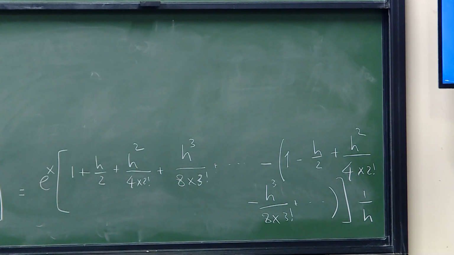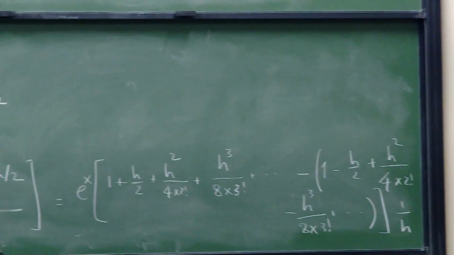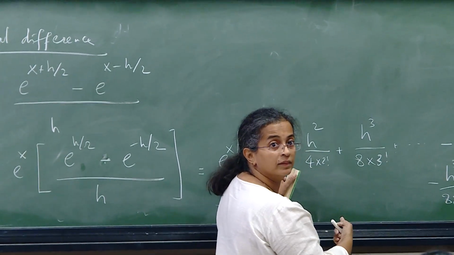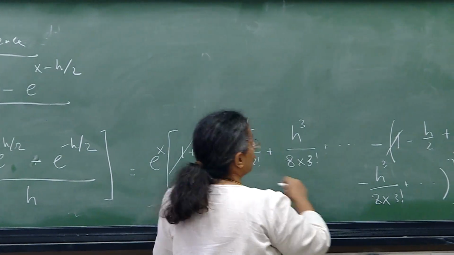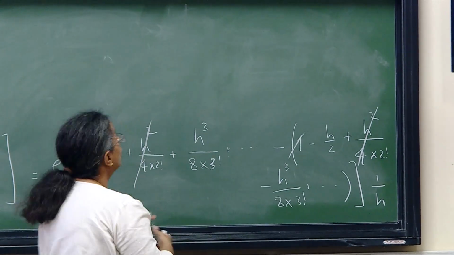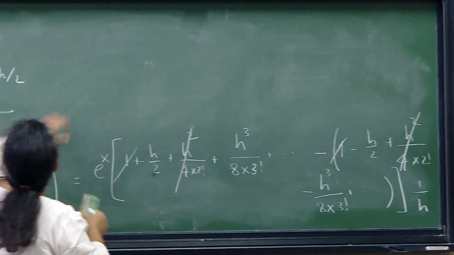Agreed? Now you have terms cancelling. For example, this 1 will go, h will remain, h square will go, h cube will remain, correct?